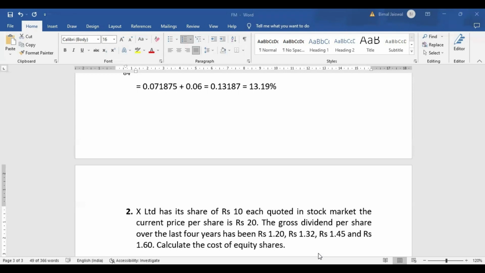That means the last 4 years' dividend information has been given.